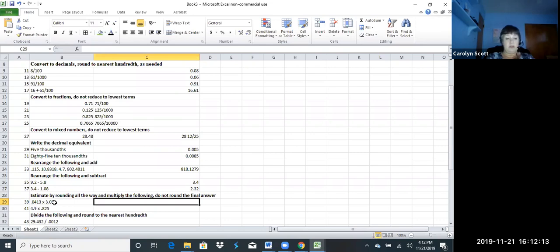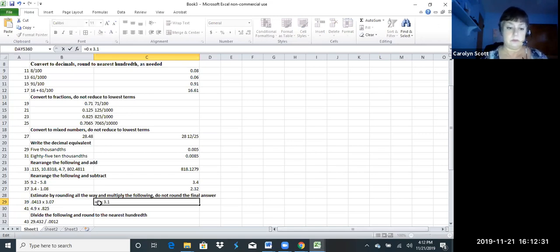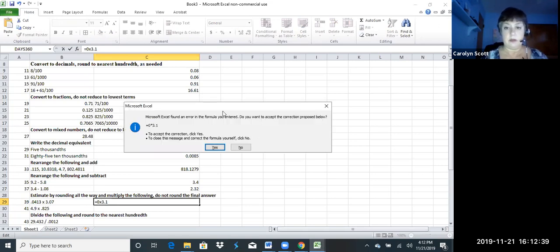And we know that 7 is greater than 5, so in the tens place, that becomes a 1. So what we're left with is 0 times 3.1. And when we multiply 0 by anything, we get 0.